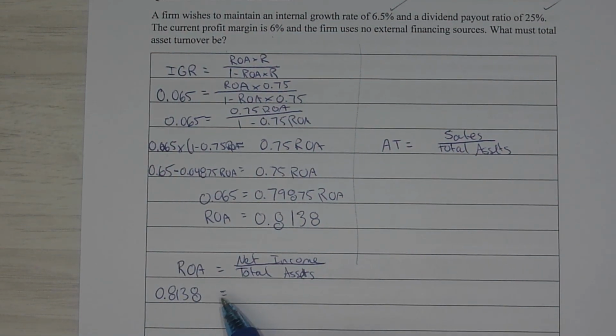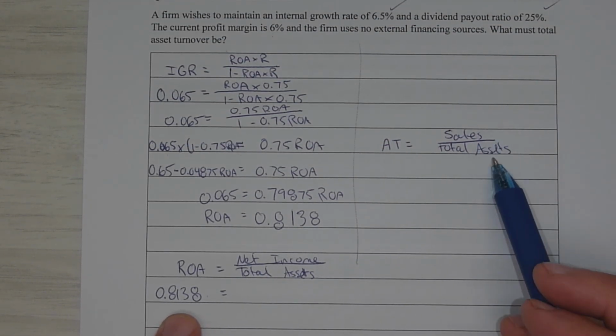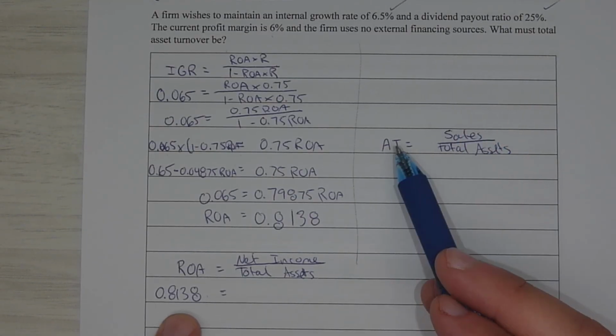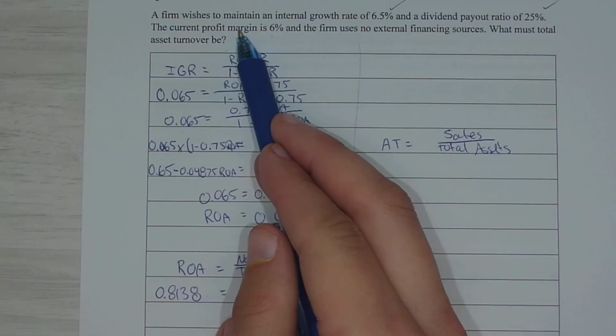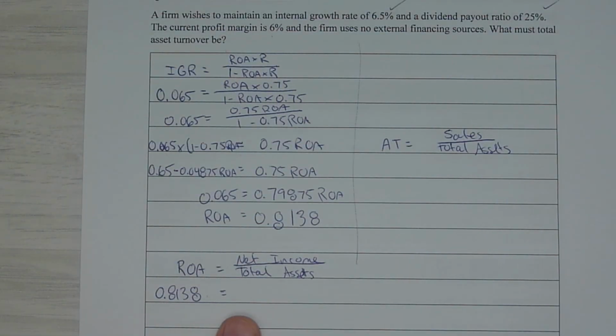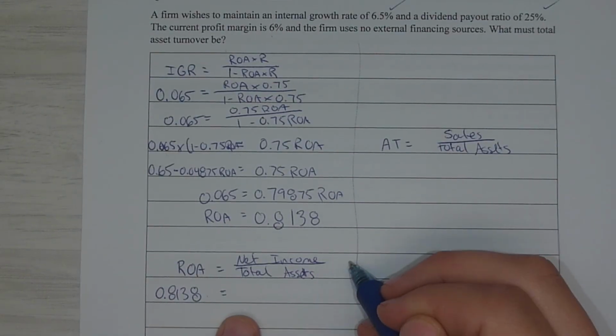So we have the answer for our return on assets, but that's net income over total assets. If we can get that to sales over total assets, then we have our asset turnover ratio. We can use the profit margin to help us with that. Our net income can also be described as our profit margin times our sales.